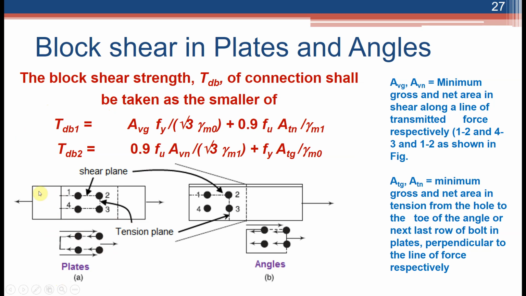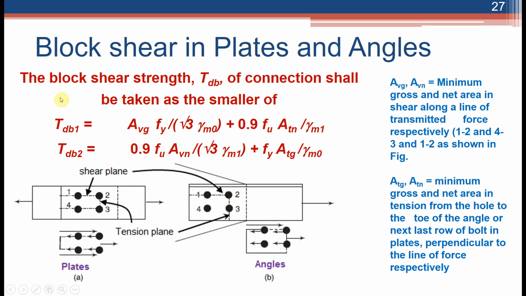In plates, whenever two plates are joined using, suppose, 4 bolts 1, 2, 3, 4, the right side plate will fail along the section 1, 2, 3, 4, and this block will be removed from the total plate. Whereas in the case of a single angle connected to the gusset plate, again with 4 bolts, the whole angle block along this dotted line will be removed from the angle, and that is called block shear.